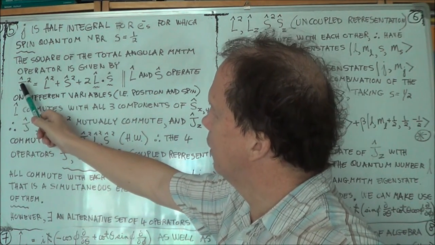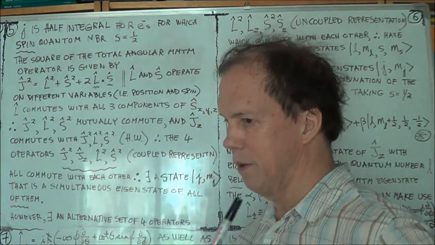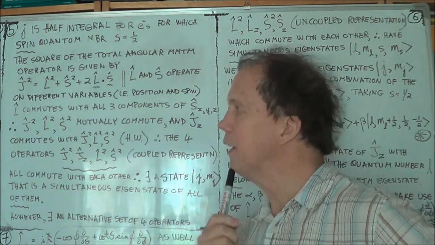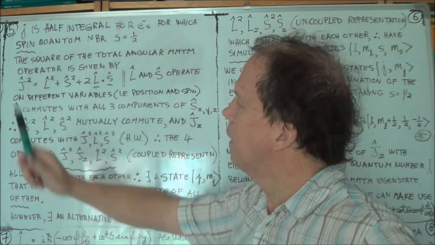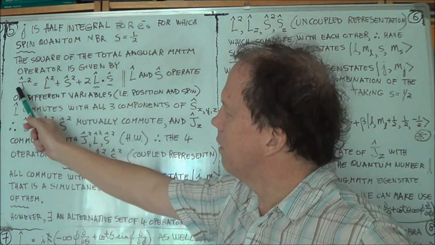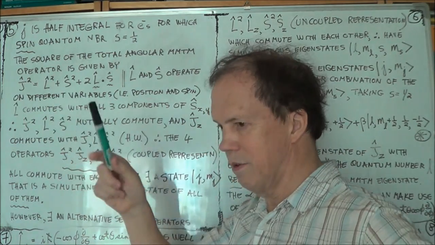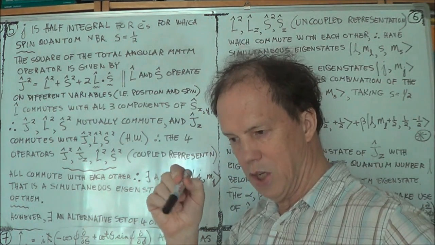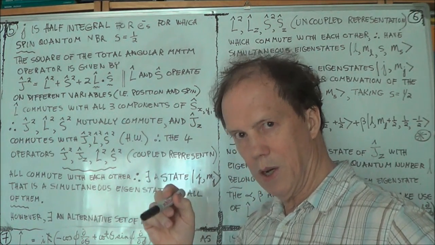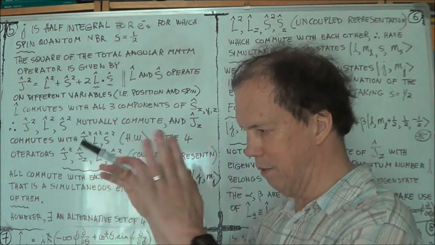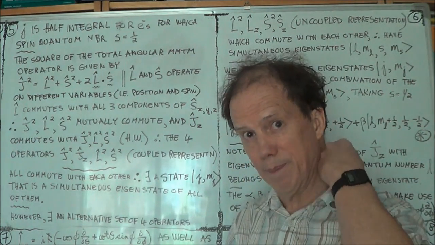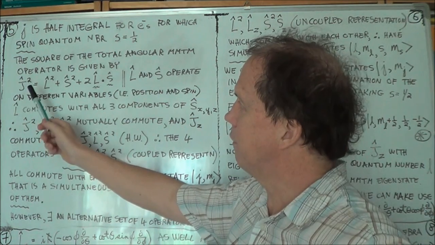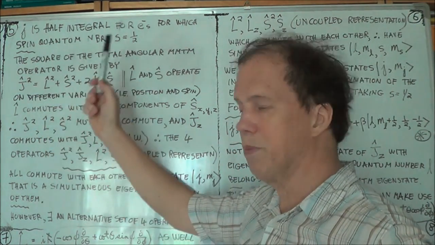So expand this out. You'll have Jx plus Jy plus Jz, times the same thing, and so you'll have Jx squared, Jy squared, plus Jz squared.